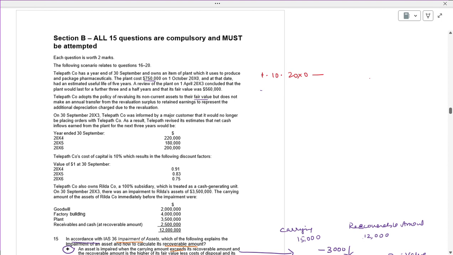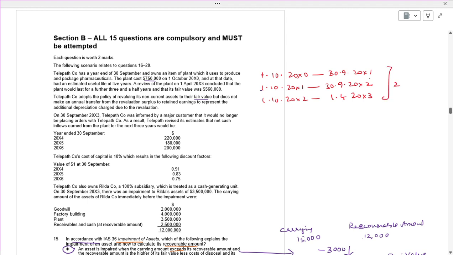Is it 1/10/2000 to 30th September 2001? Then 1/10/2001 to 30th September 2002. Is it 1/10/2002? They said that when they have revalued, they valued on 1/4/2003. How many years are over?